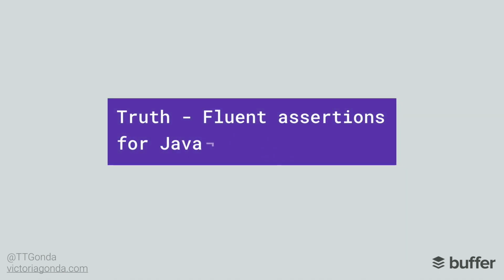AndroidX Truth is built on top of the Truth library from Guava. Guava's truth can be an alternative to JUnit or Hamcrest-based assertions. In general, you use truth to verify that an object has a specific property, using phrases that read almost like a sentence.